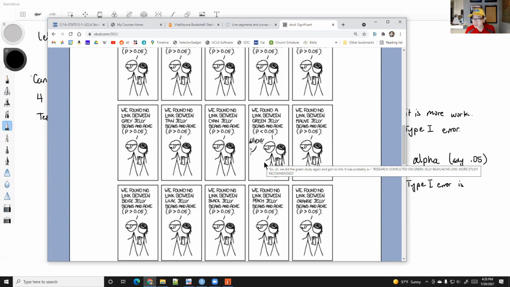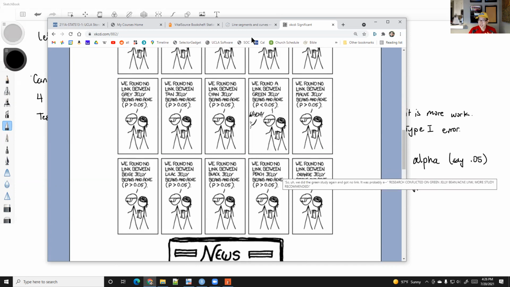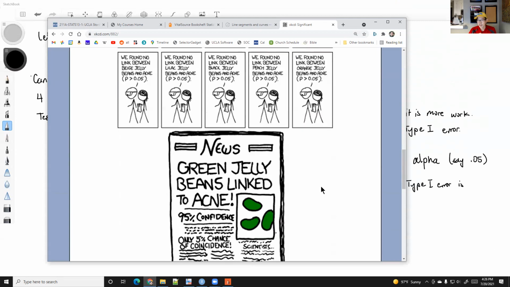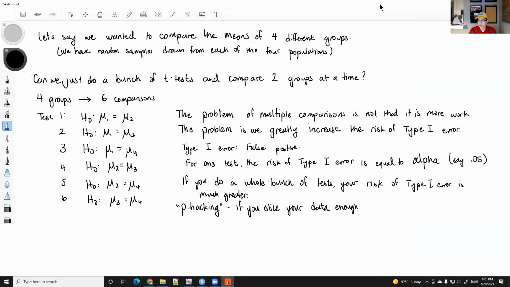You might be able to get something like that published, but chances are you've sliced your data so many times that you end up finding something that looks like a link, and then people aren't able to duplicate it, right? And that's a real issue. If you slice your data enough times, you're bound to find something interesting somewhere along the way, right?